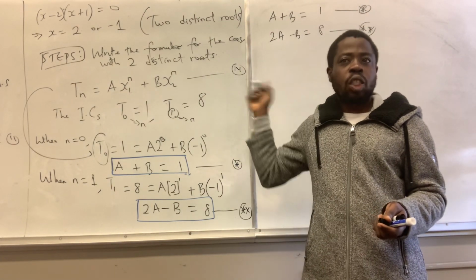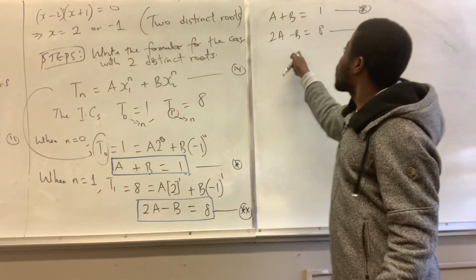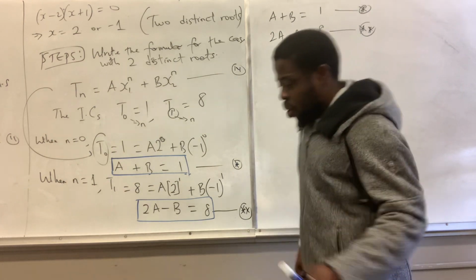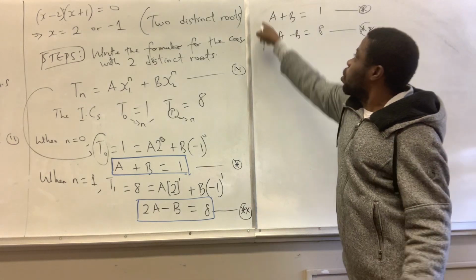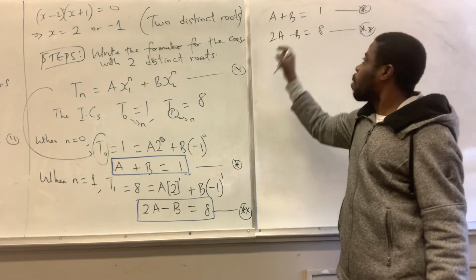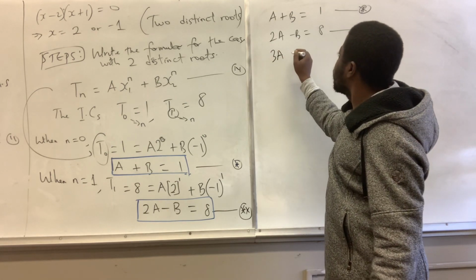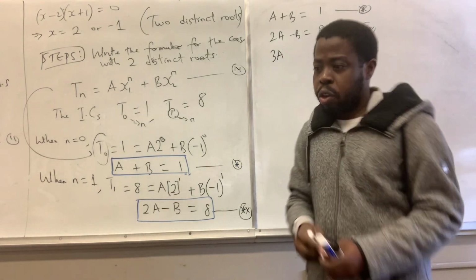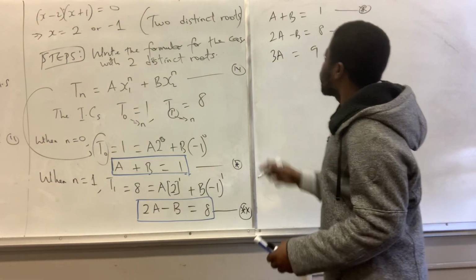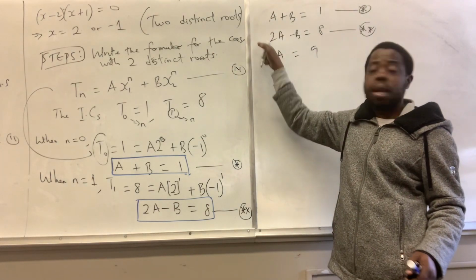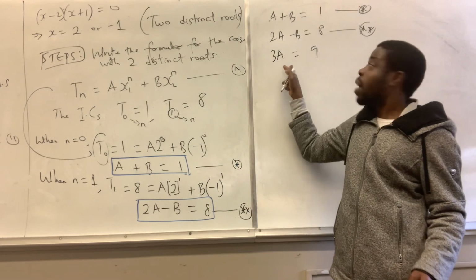This is actually 7th or 8th grade simultaneous equations. You can add up the two equations to get rid of B. So 3A equals 9: A plus 2A is 3A, B plus negative B is 0.